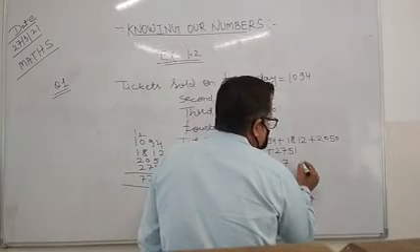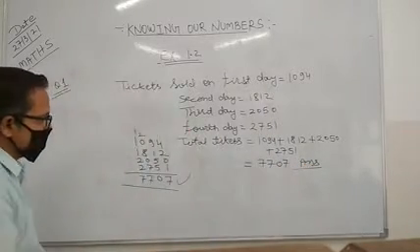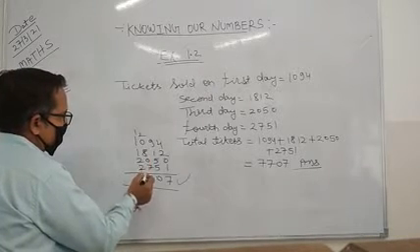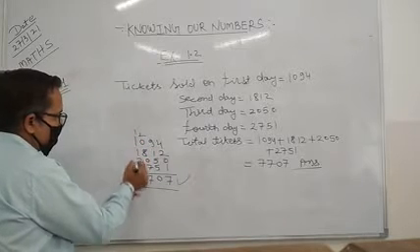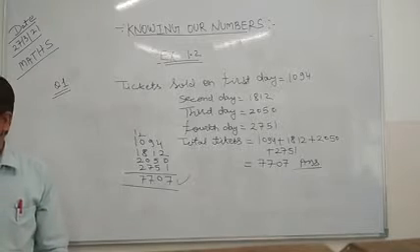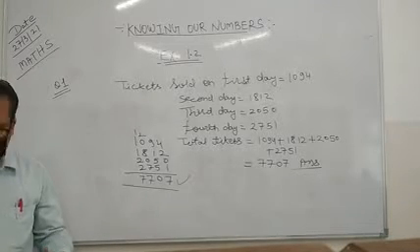That much of tickets has been sold. So simply, we are just making the addition of numbers. Now what are you doing? Addition, okay.